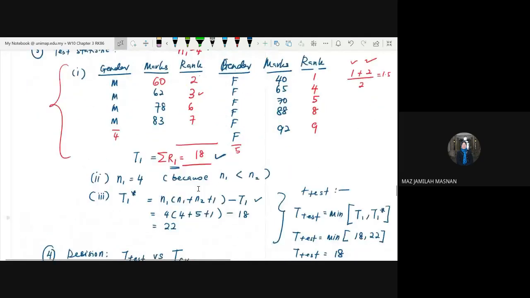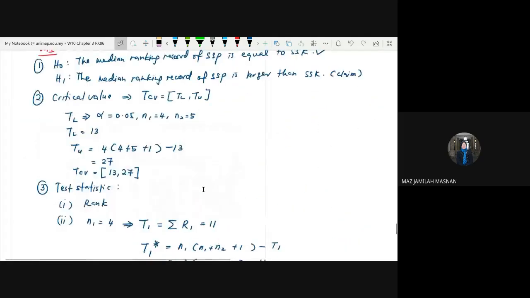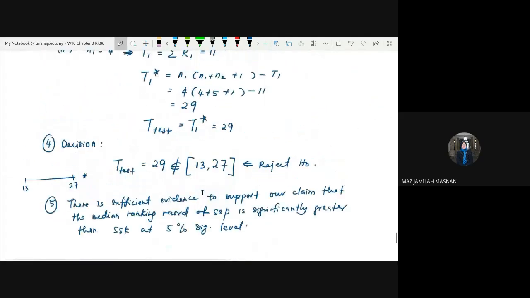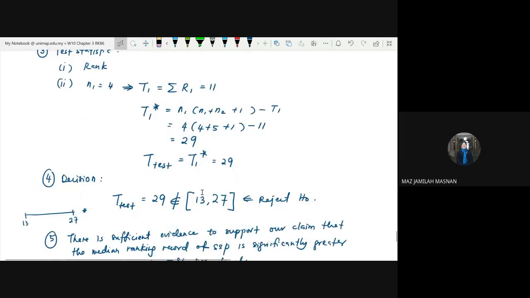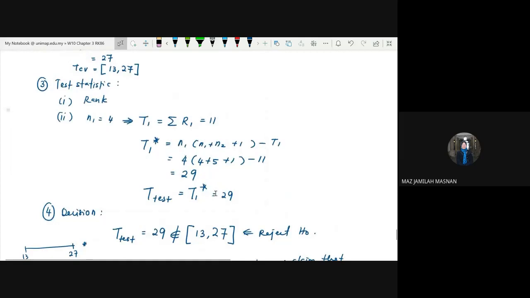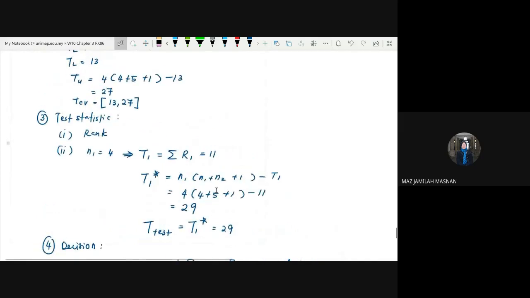Okay, so any questions so far, class? For the last question, not much technical, but you need to remember the steps. Especially when you need to begin with T1, if you forget how to find your T1, that is based on the ranks of your smaller sample.